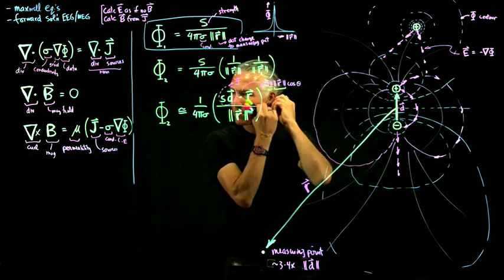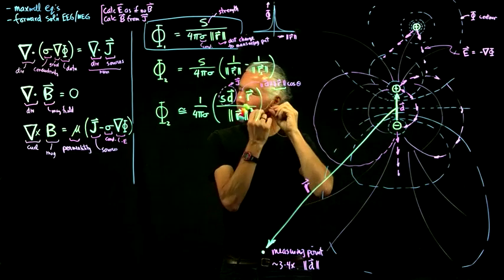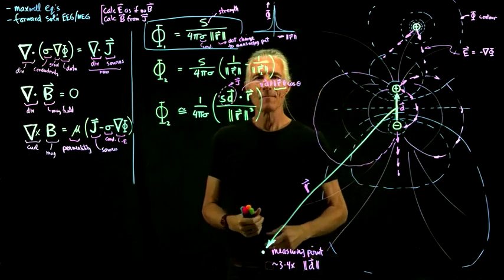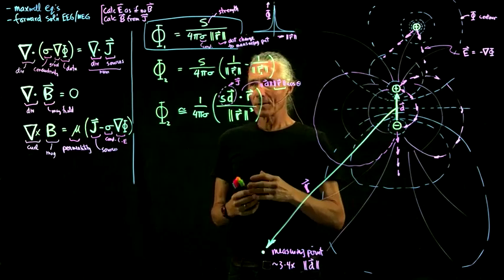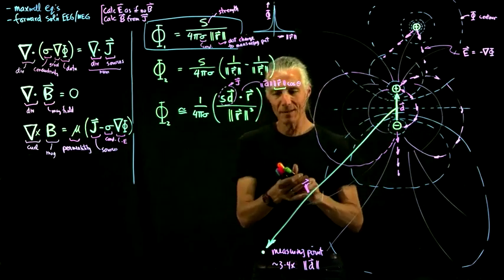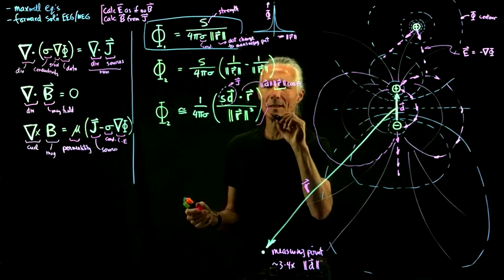But when you actually look at the major effect on the forward solution, it's mainly this inverse square thing.